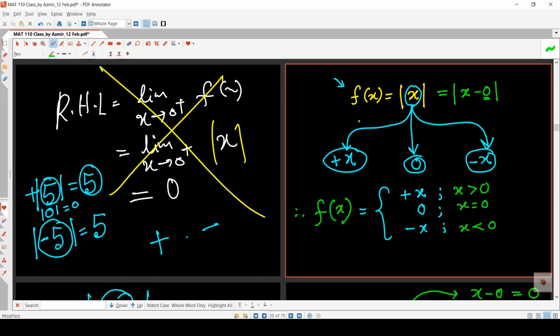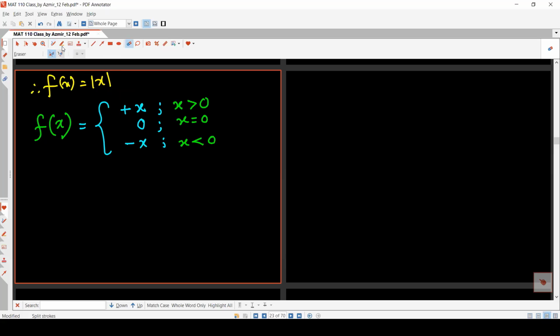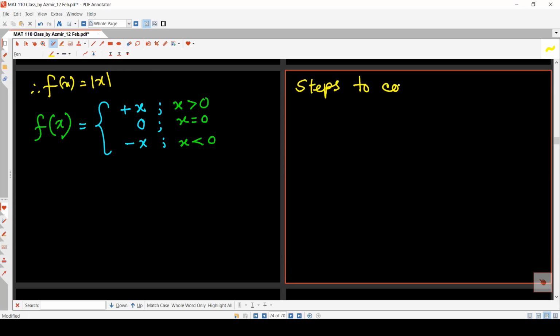That means the absolute value function is now converted to a piecewise defined function. So, steps to convert an absolute value function to a piecewise function.